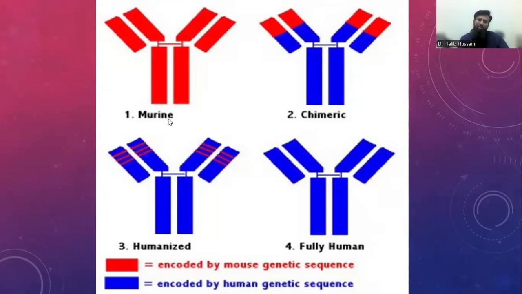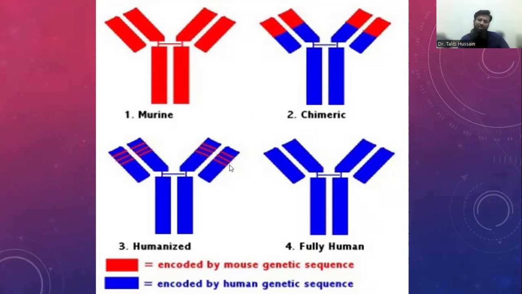A murine MAB constitutes amino acid sequences attained only from the mice. A chimeric MAB contains the amino acid sequence of the variable region from the murine and the constant region from human amino acids.